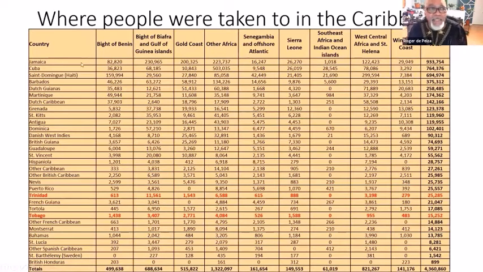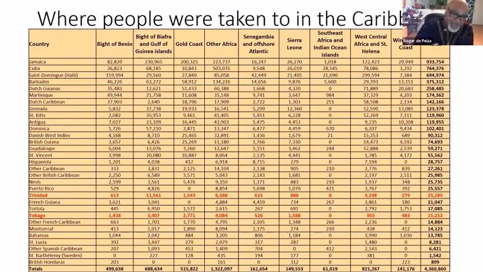As we can see, Jamaica had the most, followed by Cuba. What I found interesting as I was going through this is that Antigua and St. Kitts had 119,000, 120,000 people, but Antigua only has 60,000 residents now. You see what I'm saying?